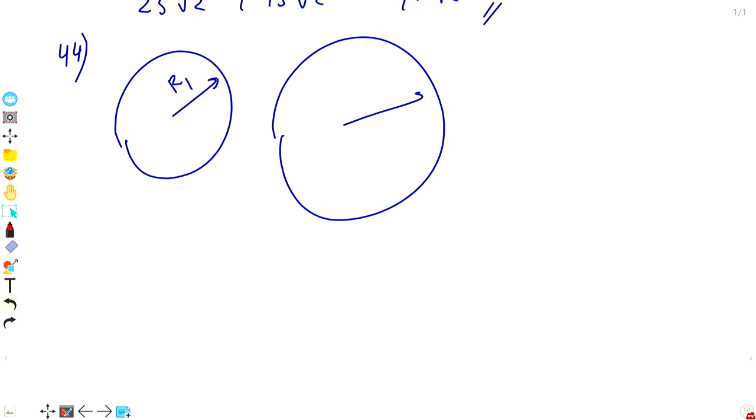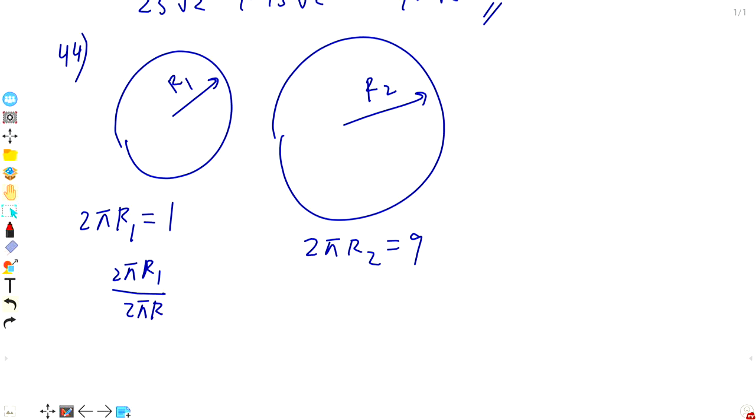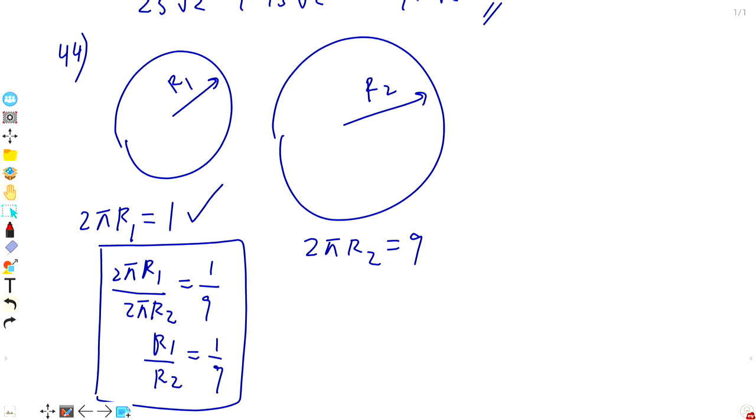This is another one, R2. So the perimeter would be 2 pi R1 here, that one would be 1 to 9. So this is 1, the other one, 2 pi R2, is going to be 9, right? So what you can do, you can divide these two: 2 pi R1 divided by 2 pi R2 is equal to 1 divided by 9, right? So you get R1 divided by R2 is equal to 1 divided by 9. When you divide, you can cancel the 2 pi off.